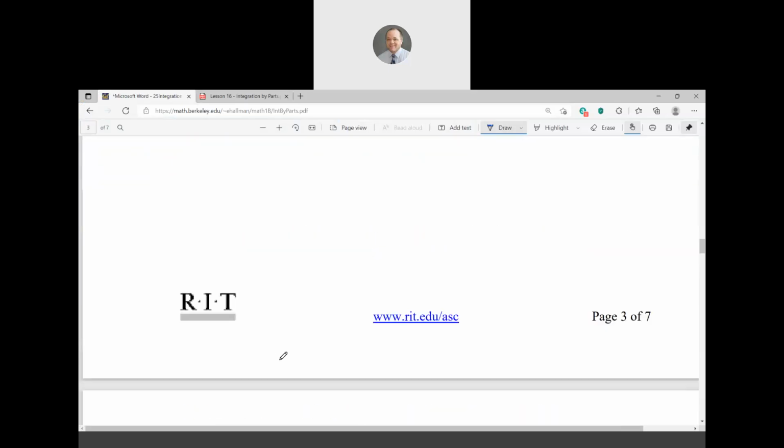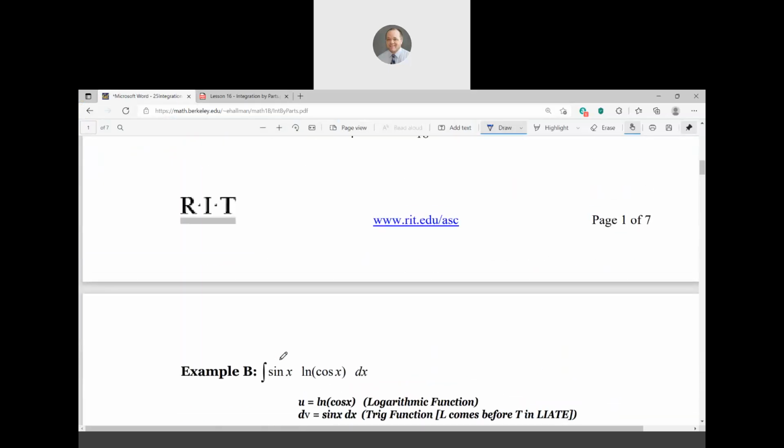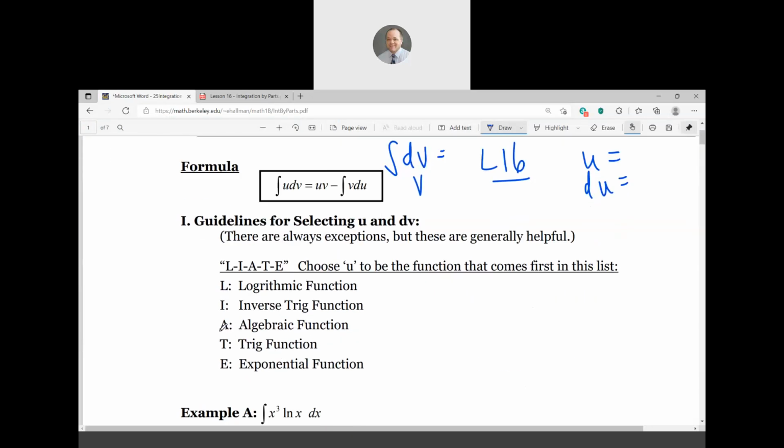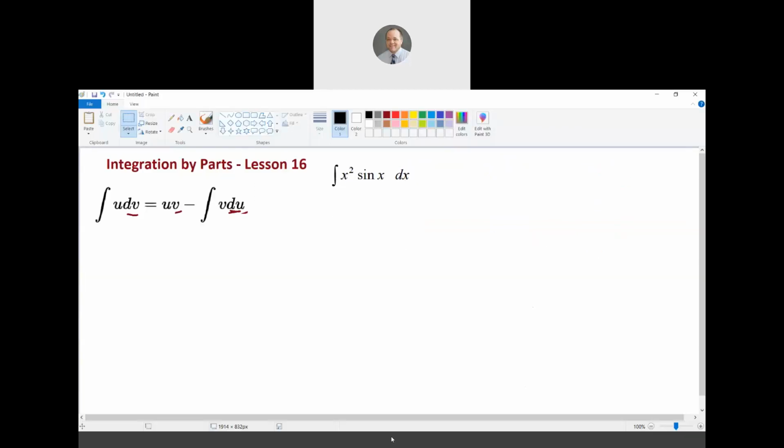Going back to this handy mnemonic device that this website shared, an algebraic function is slightly over a trig function. So we'll let the algebraic function be our u. So we'll let u equal to x squared, and du equal to 2x dx.